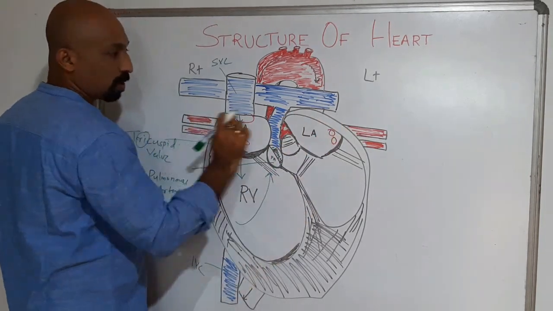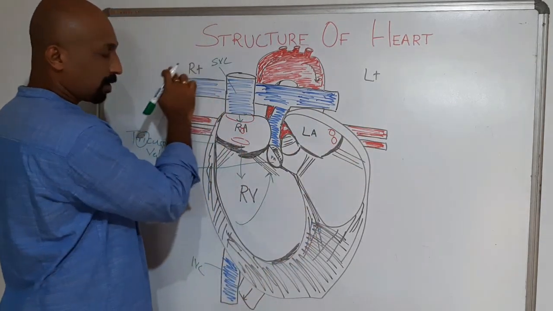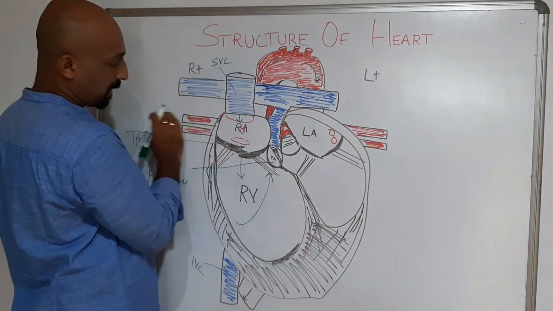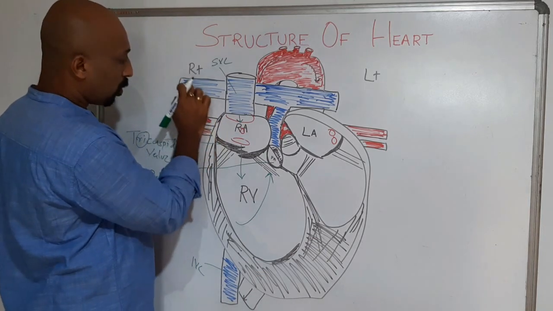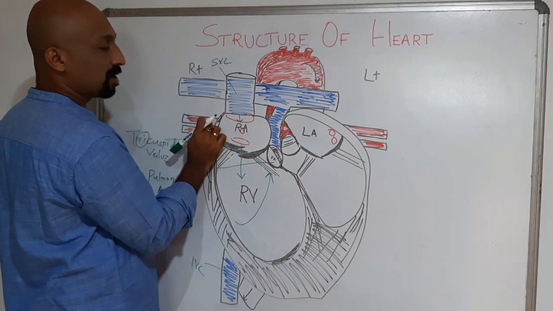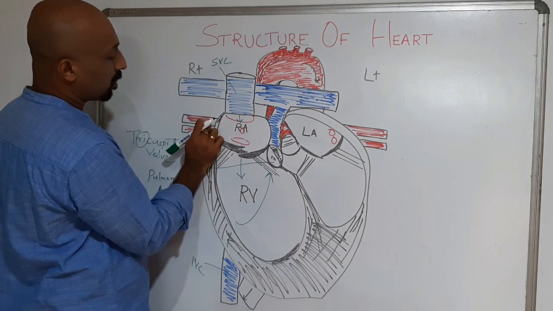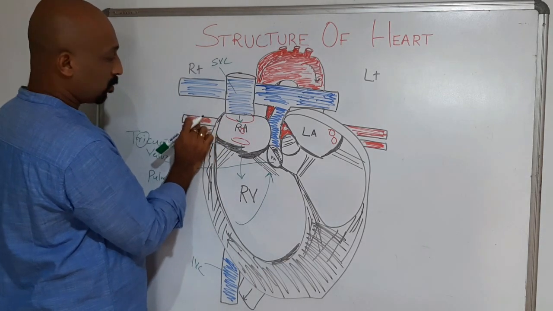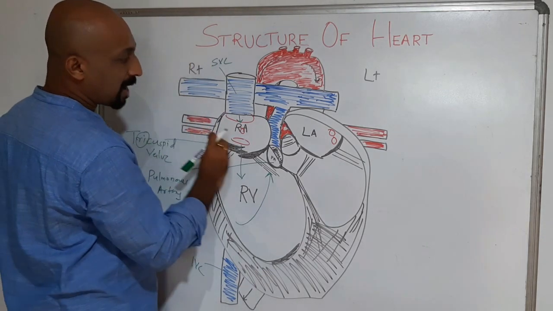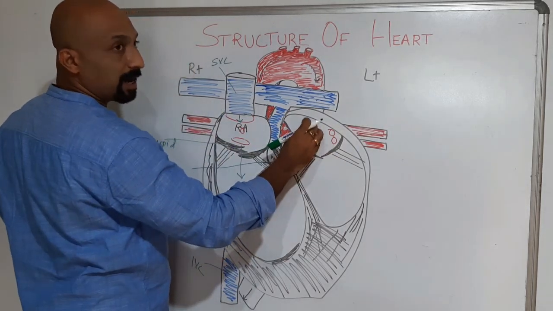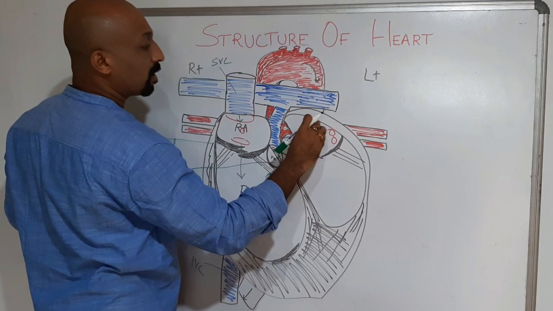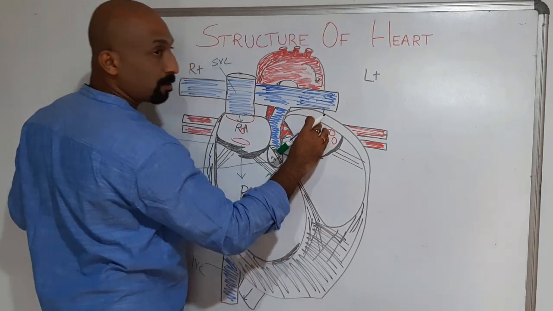So the structure I drew in red color, all of it is oxygenated blood. Oxygenated blood we always denote with red, that's why I drew it with the red line. From the lungs it comes back to the left atrium as oxygenated blood.